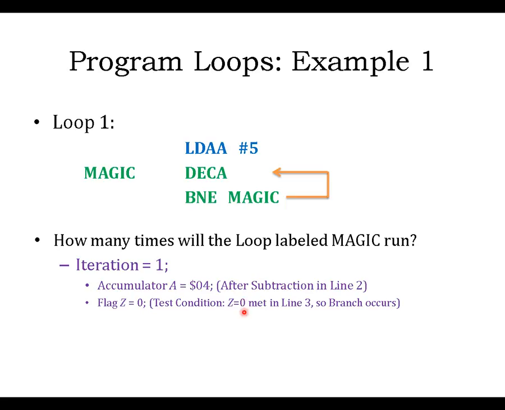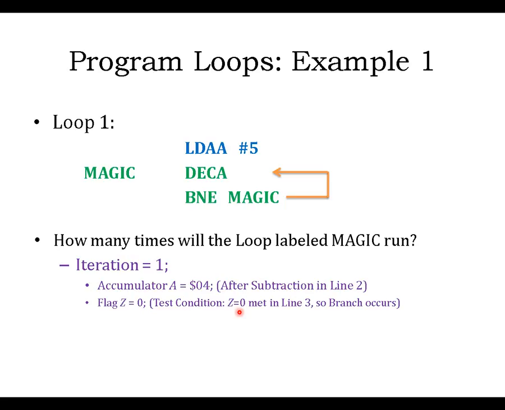The condition is z equals 0. We know how to get the condition, right? So the only flag that matters to us at this point is the z flag, nothing else, because the branch will be made based on the z flag. Now tell me at this point, what will be the z flag in iteration 1? Is it 0 or 1?